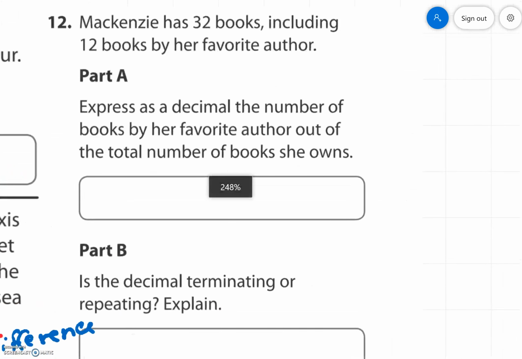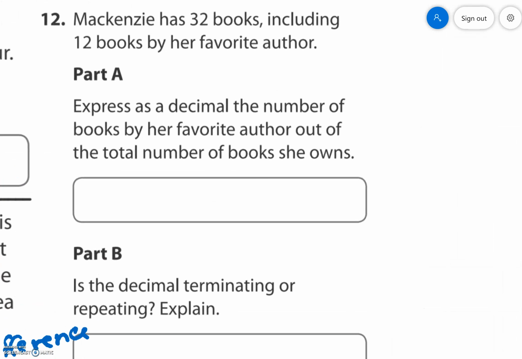Number 12. Mackenzie has 32 books, including 12 books by her favorite author. Express as a decimal the number of books by her favorite author out of the total number of books she owns. So she's got 12 books by her author and 32 books total. So favorite author out of total number.